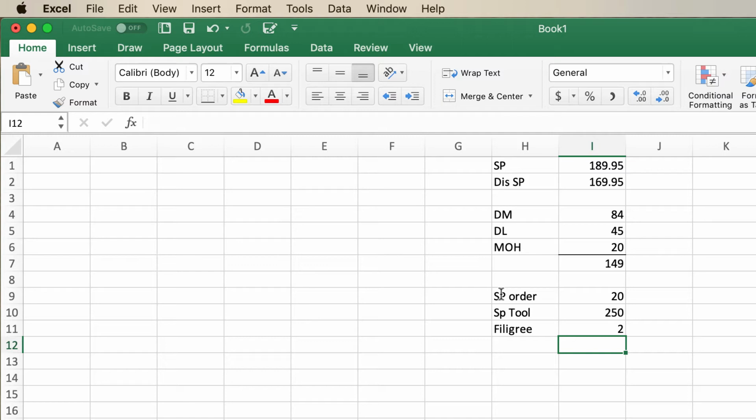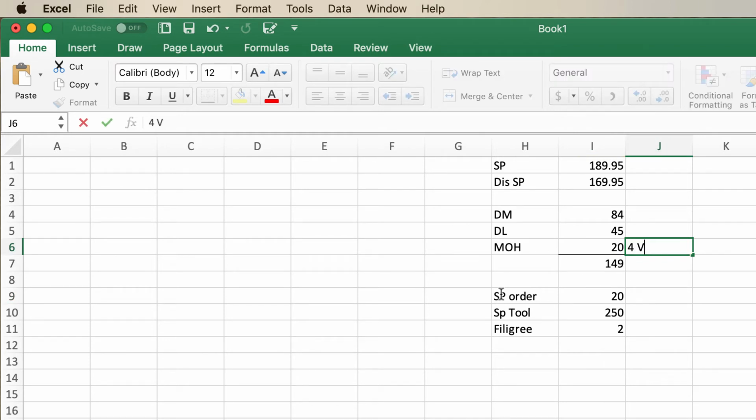And they tell us that the manager of this jewelry company has determined that manufacturing overhead is fixed and unaffected by variations in how much jewelry is produced in any period. But they say that $4 of the overhead is variable. So of this $20, $4 of it is variable.